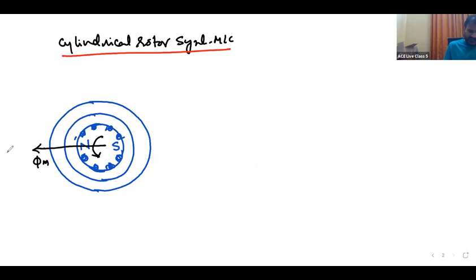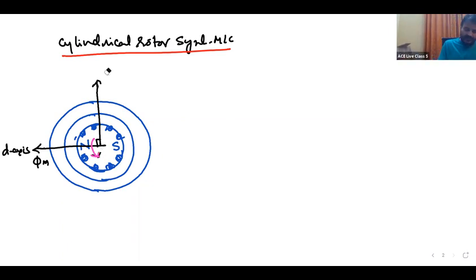That is along the direct axis. But the induced EMF is along the quadrature axis. E lags the flux by 90 degrees.